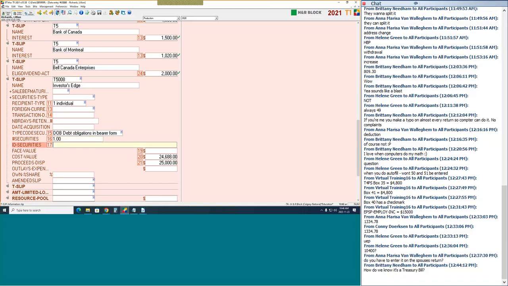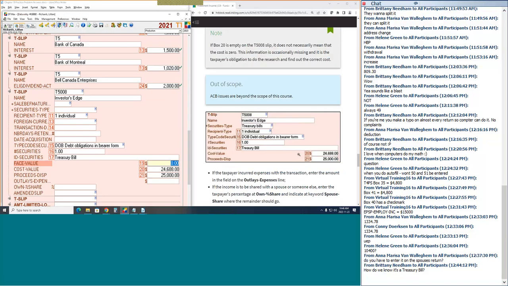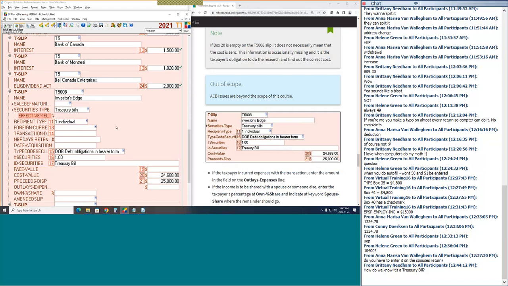Okay, 16 is 1. Let's see if I'm missing anything. Investor's Edge, securities type, Treasury bill, box 11, 15, 16, 17, 20, and 21.